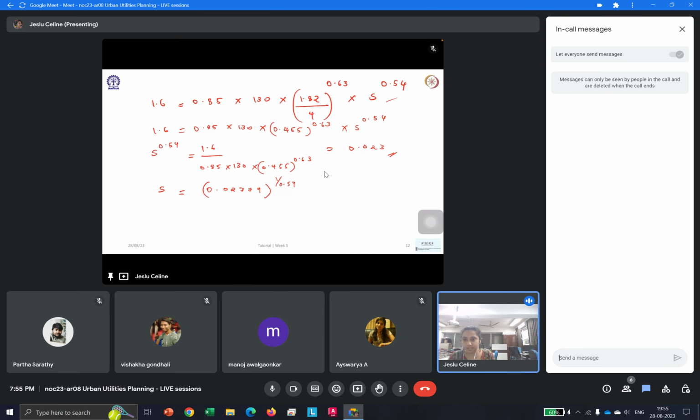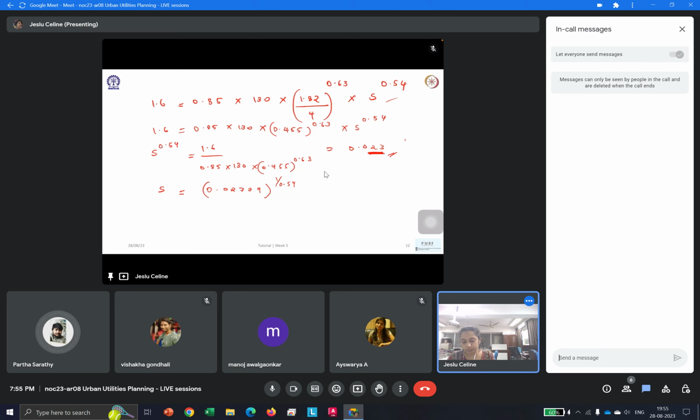I have gone somewhere wrong. I am getting 0.019 raised to 1 upon 0.54. Okay, so you're getting this value to be 0.019. Yes. The 0.023 is correct over here.